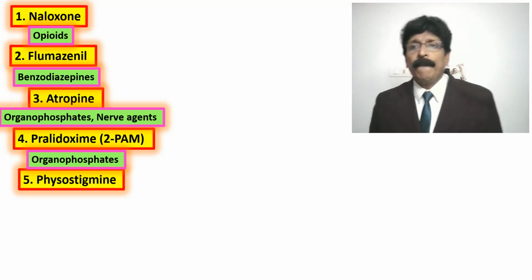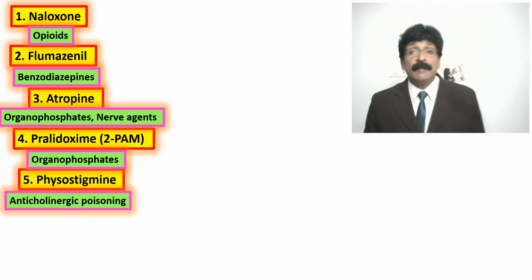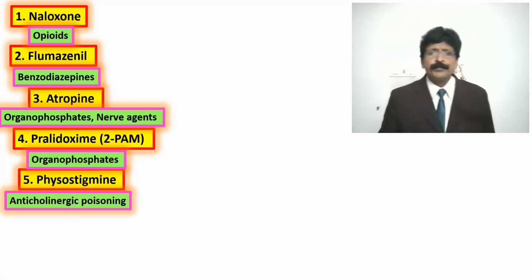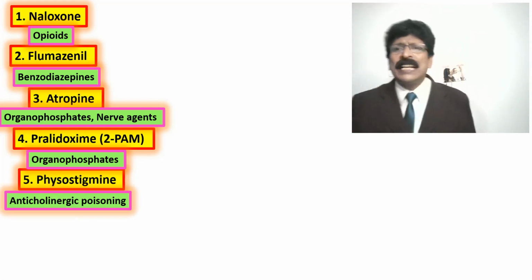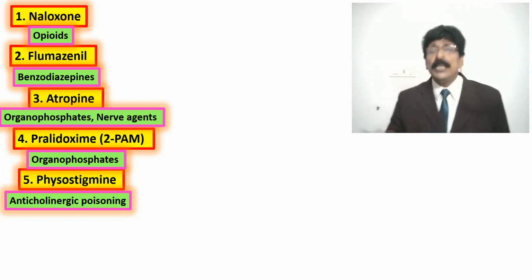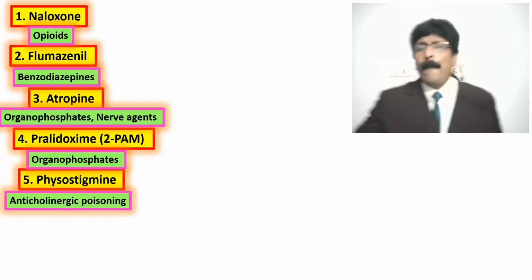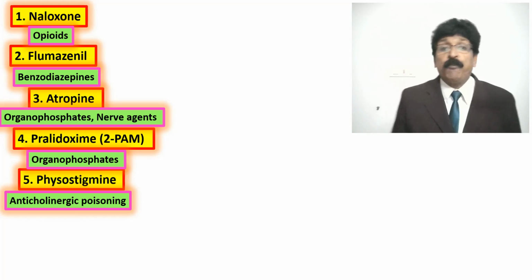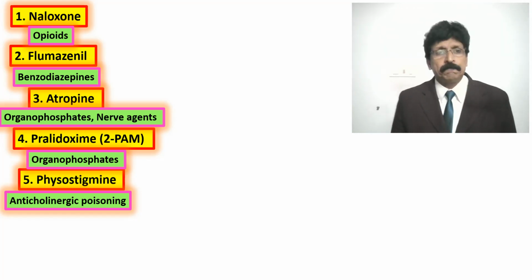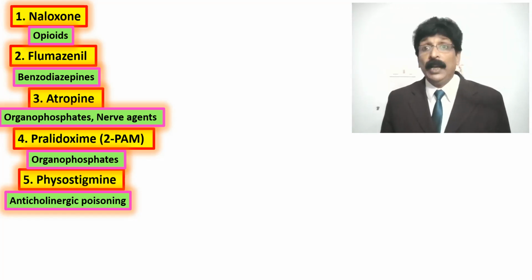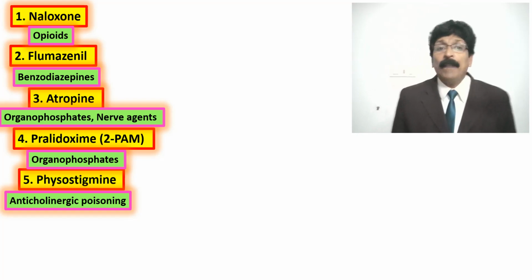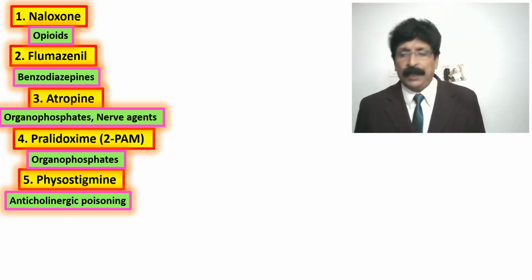Physostigmine, you might have studied in pharmacology, is used for anticholinergic drug poisoning. So one who is poisoned by atropine, you have to go for physostigmine treatment. Anticholinergic poisoning can be treated with physostigmine.